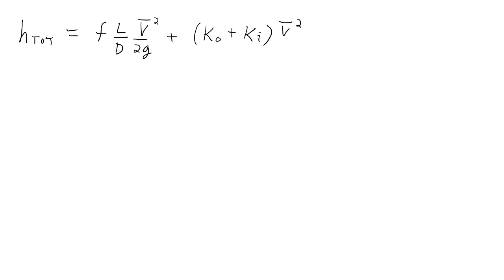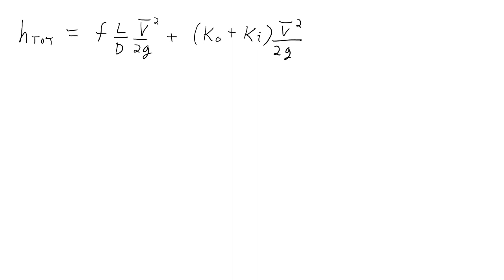So then my total loss is the major loss component plus Ko plus Ki times V bar squared over 2g, those being my minor loss components.